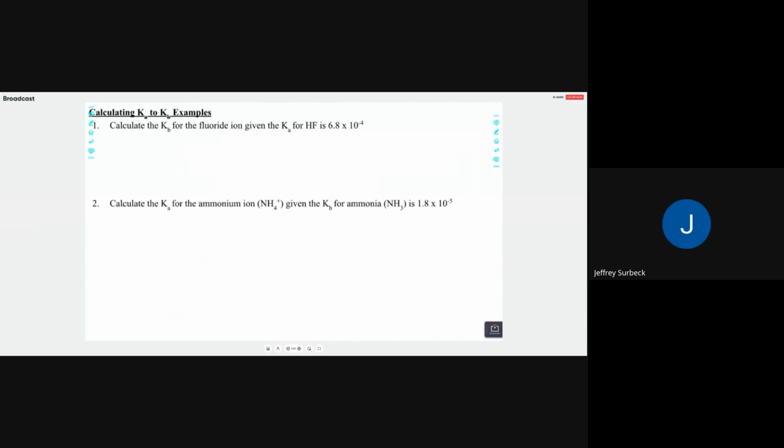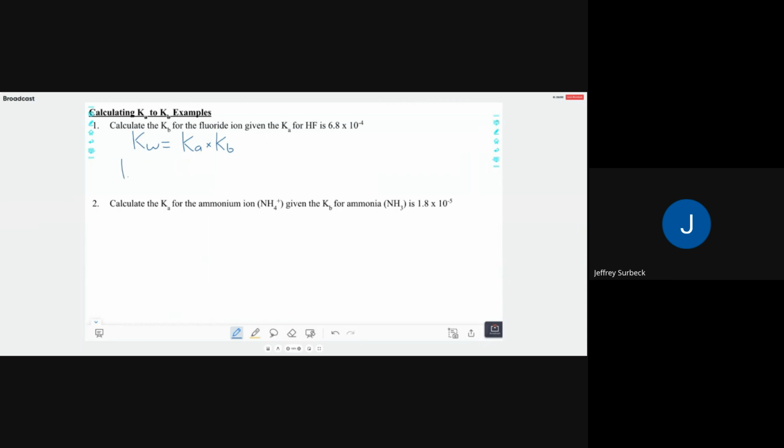So for number one, I'm going to rewrite the formula that we just went over, and that is Kw is equal to our Ka times our Kb. As a reminder, Kw is a constant.